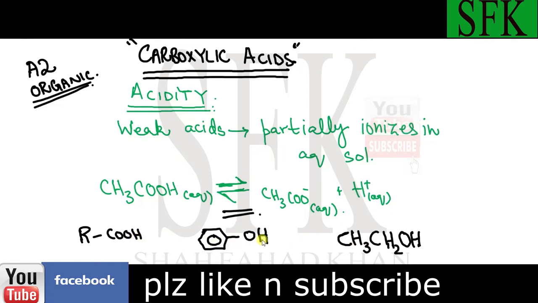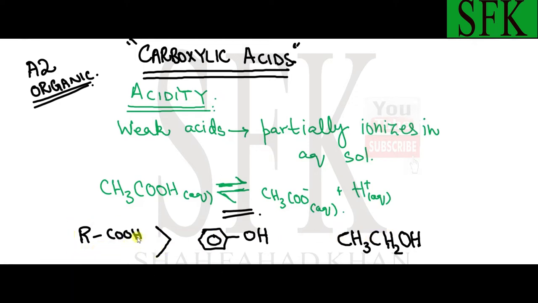I'll give you the relative acidities of the three compounds. Carboxylic acids are the strongest of the three acids. I'm using the word strongest: all the carboxylic acids are weak acids, but in comparison to phenol and ethanol, carboxylic acids are stronger, and then phenol is stronger as compared to ethanol.